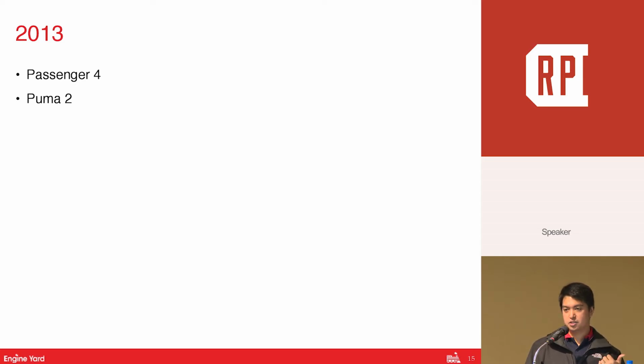If you're used to running Mongrels before, that's multiple processes. If you're using Puma before, when it was Puma 1, it was 1 process and multiple threads. So now you could have multiple workers, so multiple processes and multiple threads. That's the current recommended way to run your Rails app.